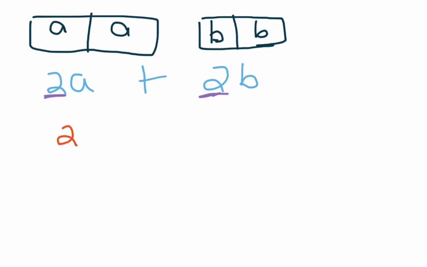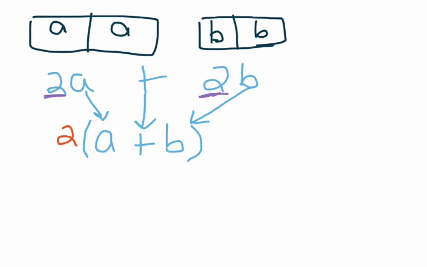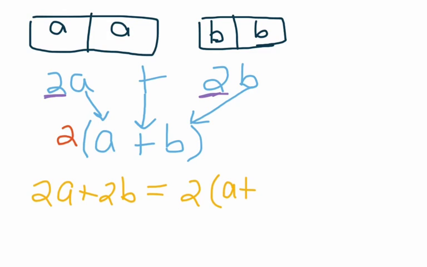So we're going to have 2, and then in parentheses, we're going to use A plus B. So our expression now is 2 times A plus B, and we can even say that 2A plus 2B is equal or equivalent to 2 times A plus B.